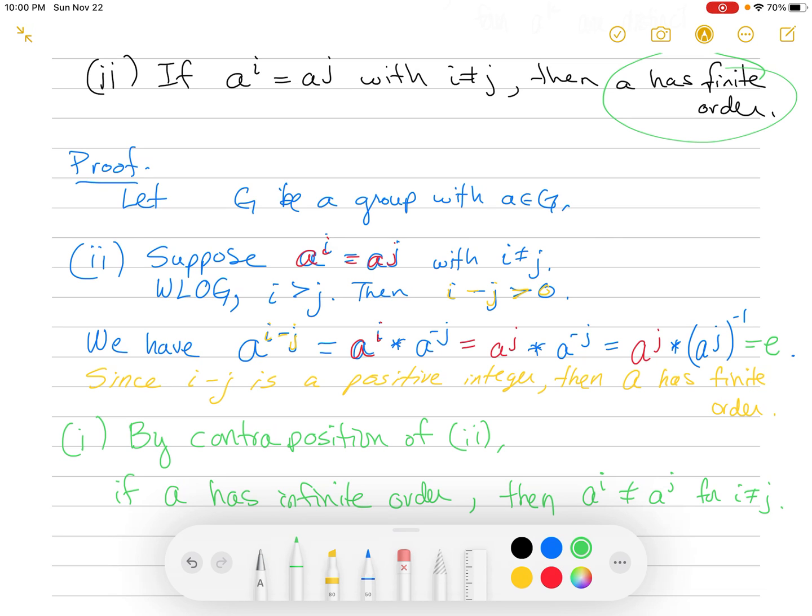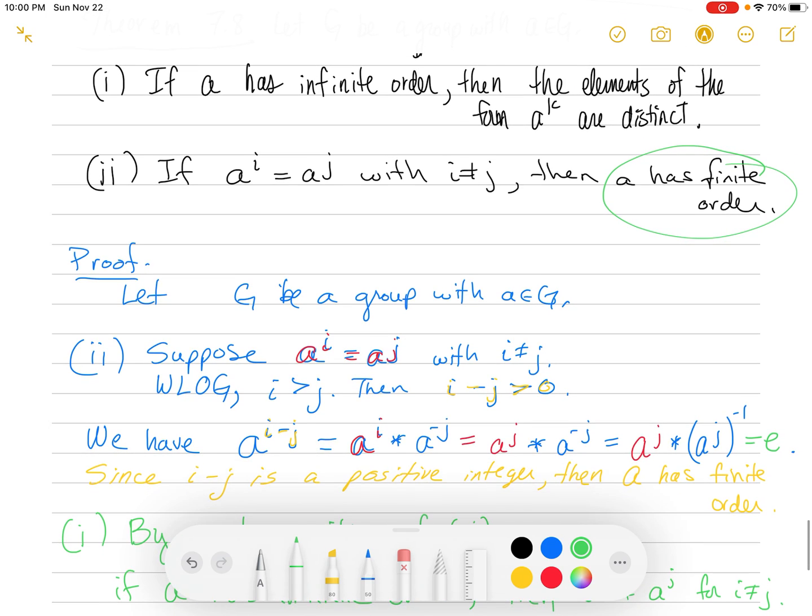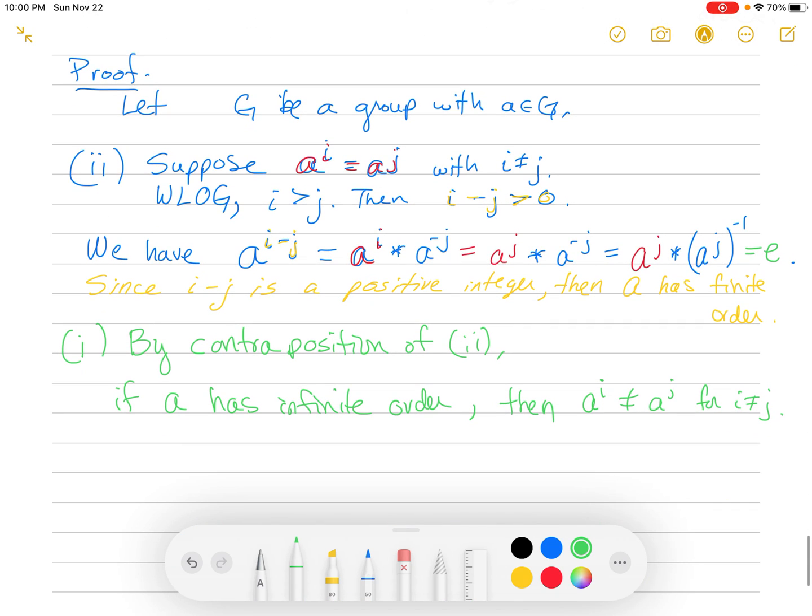So if a to the i is never equal to a to the j for all i not j, then the powers a to the k are all distinct. No two are ever the same. Thus, a to the k is distinct for each k. You can do that for any integer, actually. End of proof.